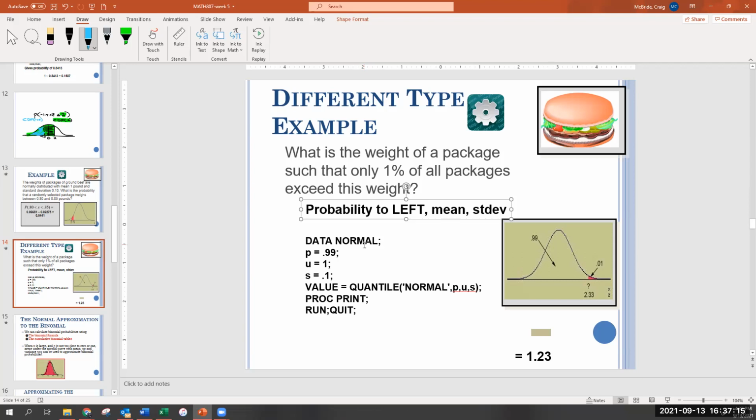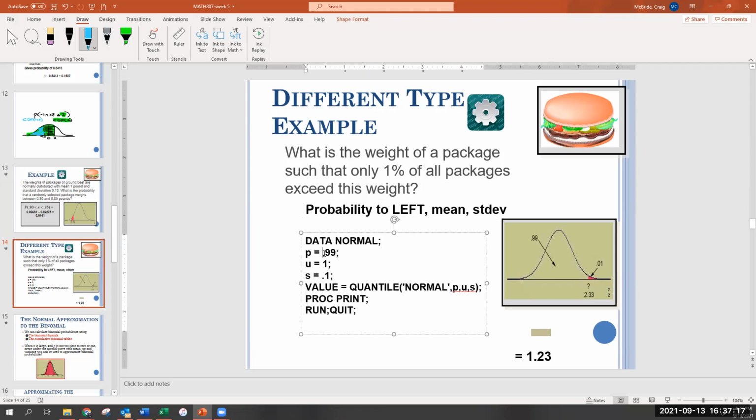So this is basically saying, I want to have 99% of my data below me, because this is just like a CDF, the probability it gives you is always area to the left. So this has 99% of the area below it, which means it only has 1% of the area above it, which means this data value is what we would call the 99th percentile, right? Because a percentile is always how much of the data is below that value.